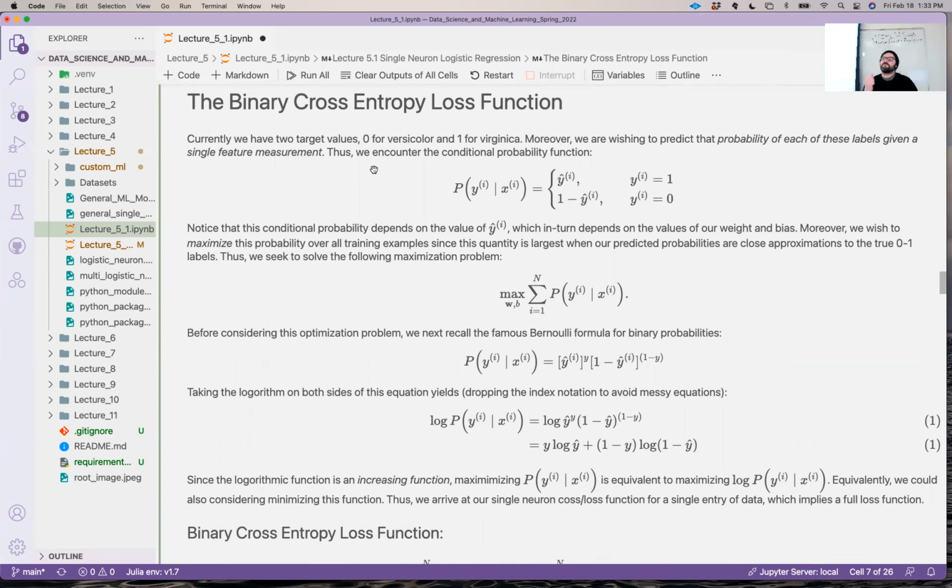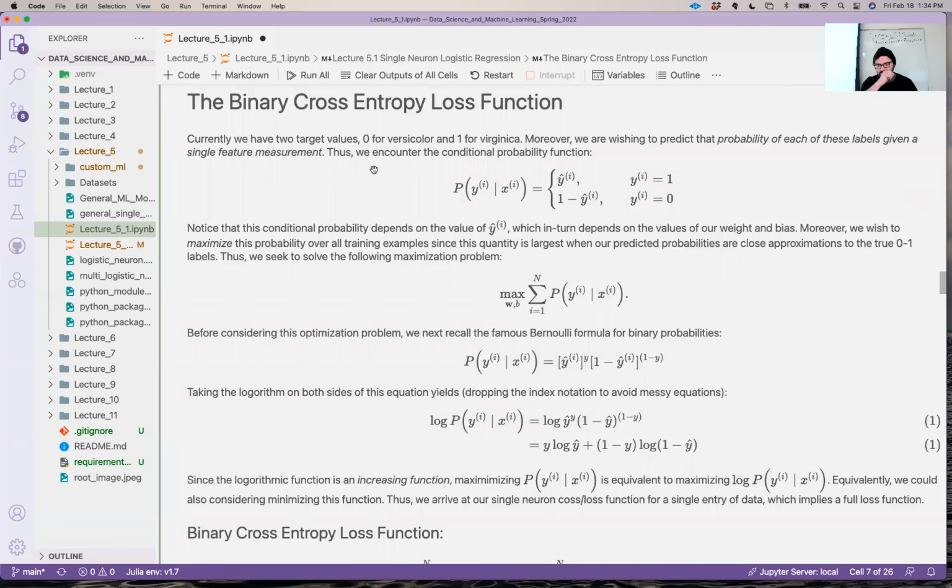Okay, so going back to the problem at hand, we have two different species, and we have a probability of one versus the other. This is very similar to just flipping a coin. It's a binary probability, like heads or tails.